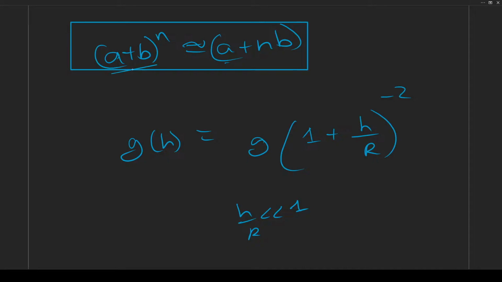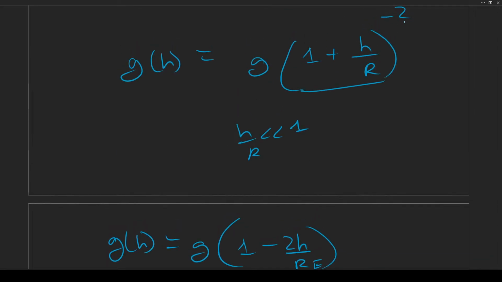These both are similar, so we can write g of h equal to g times (1 - 2h by R). Basically, this minus came here.